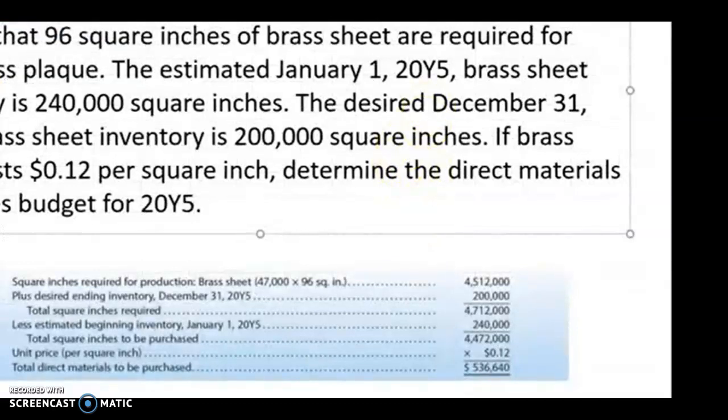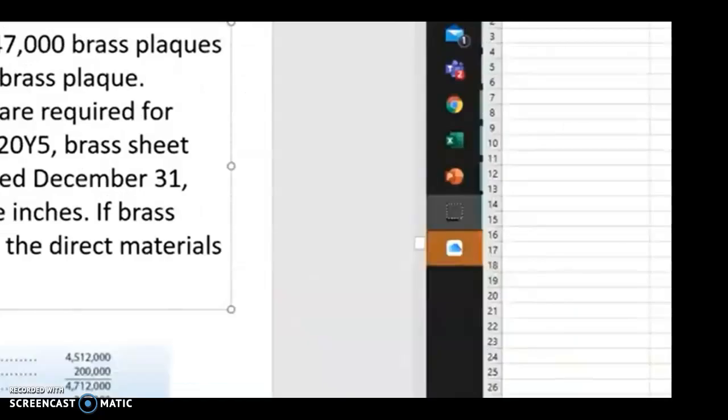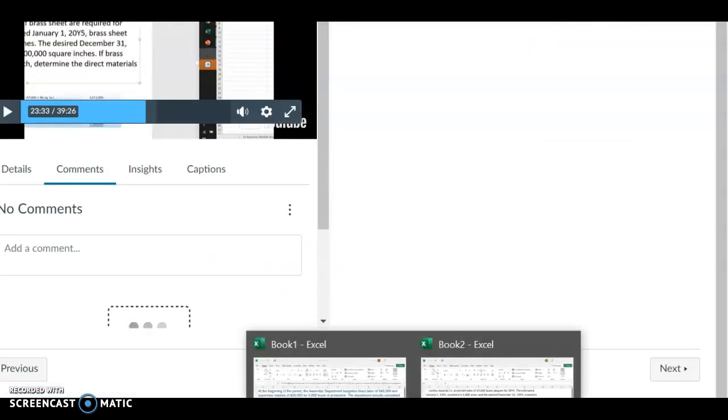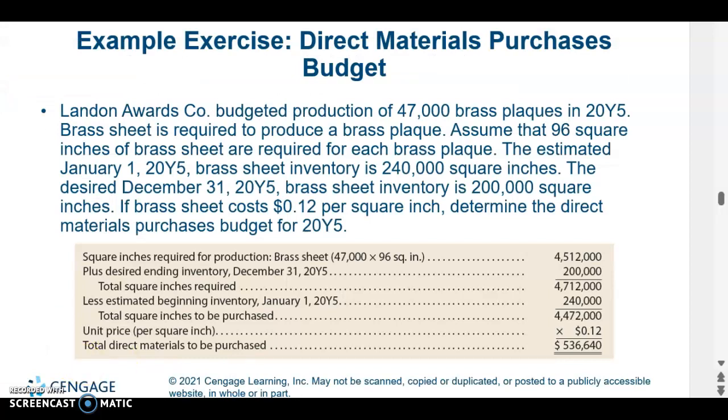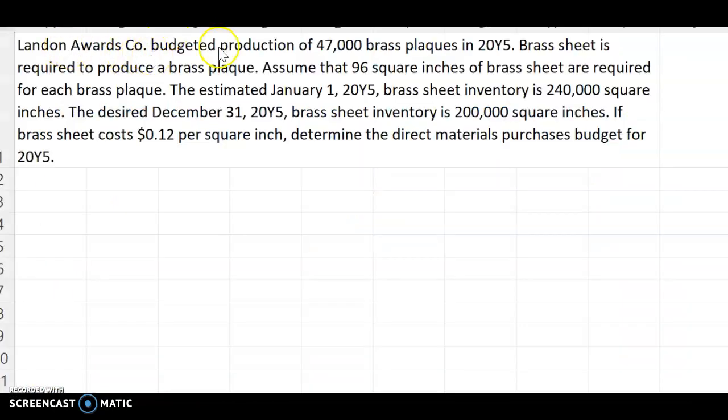All right, so let's do one together. We're going to do a direct materials purchases budget. In our example exercise, Lannon Awards Company produces 47,000 brass plaques.